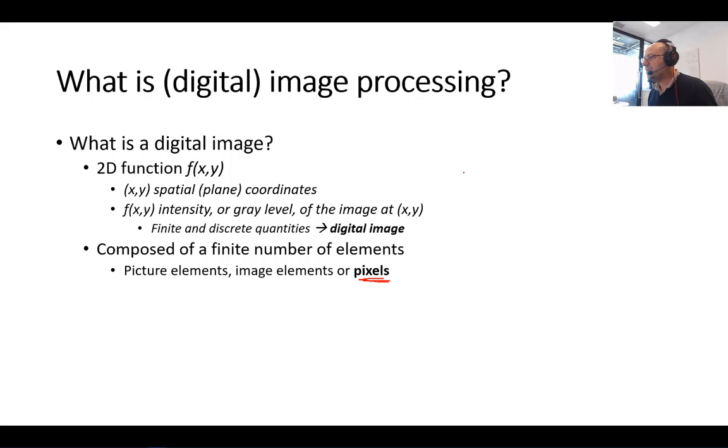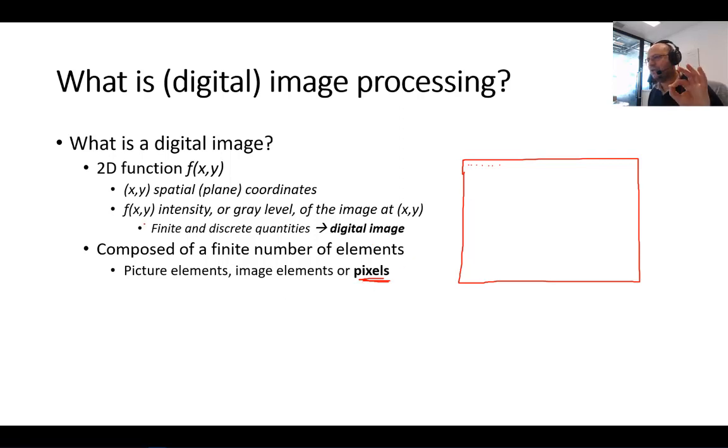So an image is nothing more than what we call a matrix with little image elements, which are pixels. And each pixel, in its most basic form, has only one kind of quantity, which is its intensity.